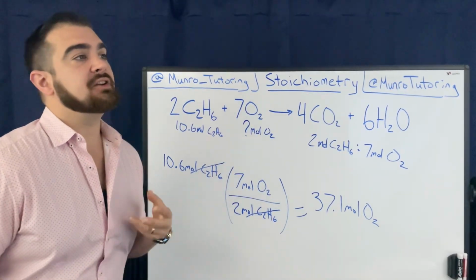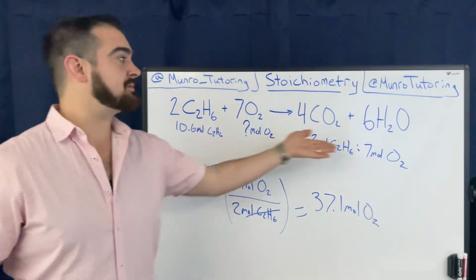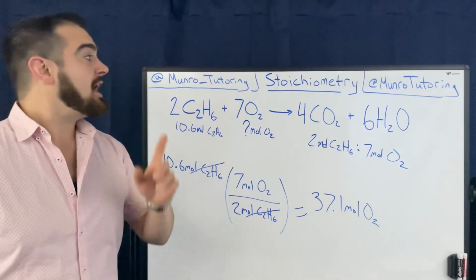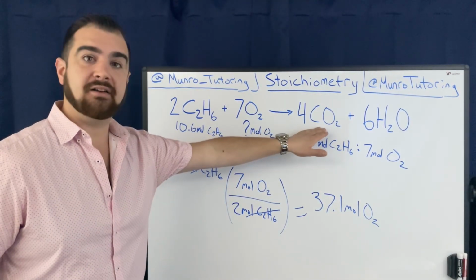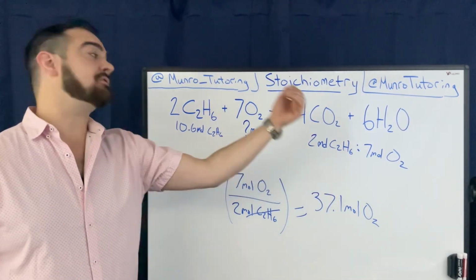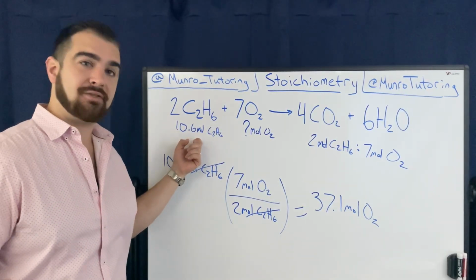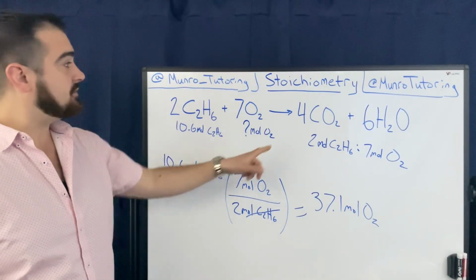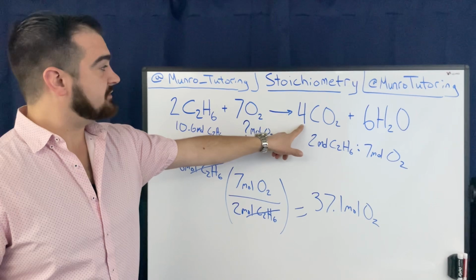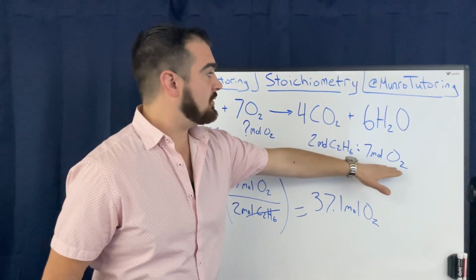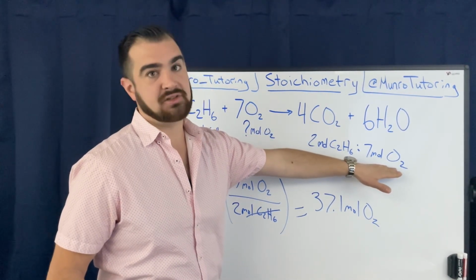Now, they could also have asked about any other substance in here. They could have said, how many moles of carbon dioxide are produced from the complete reaction of this many moles of ethane? All you would have to do is use 4 moles of CO2 on this side of the ratio instead of the 7 moles of O2.